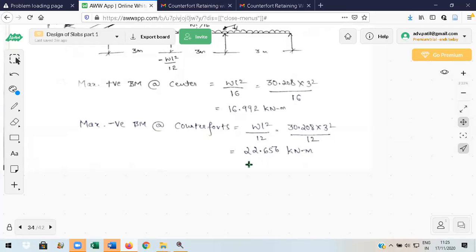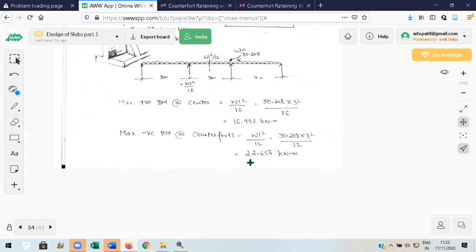The same Ast should be provided for both sagging and hogging areas, meaning the tension zones. So this is how the design is done. The same is there for the heel also, and the toe is designed as we design in the case of a cantilever retaining wall. There is no change in the design of the toe, whether it is cantilever or counterfort.